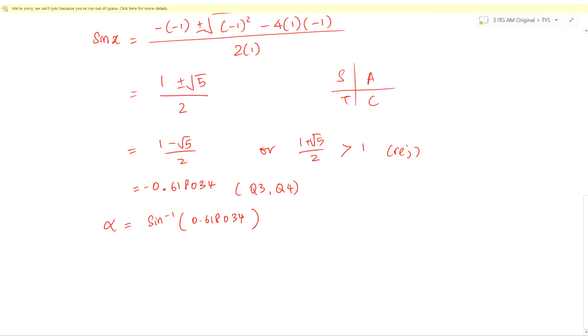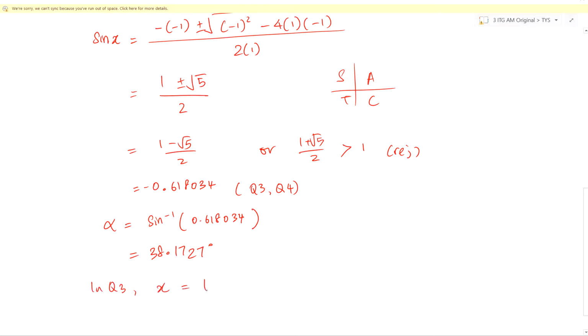Okay, because when we take the sine inverse, we want to take sine inverse of a positive value. And this gives us a basic angle of 38.1727 degrees.